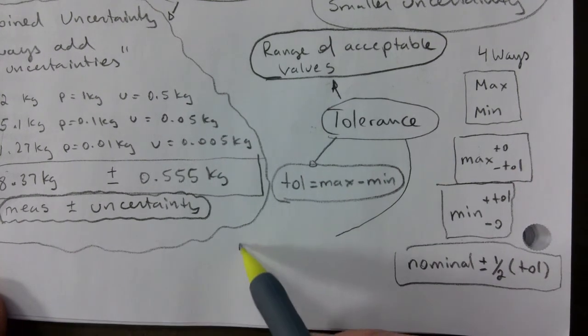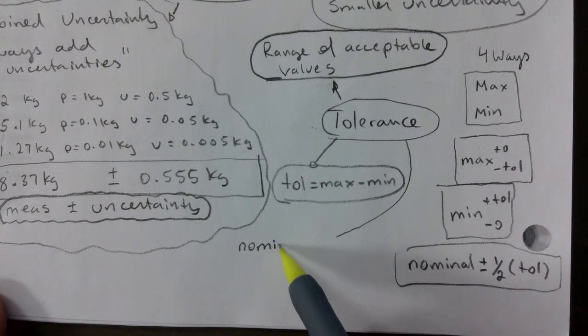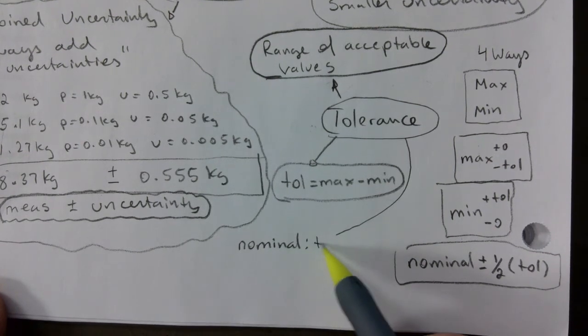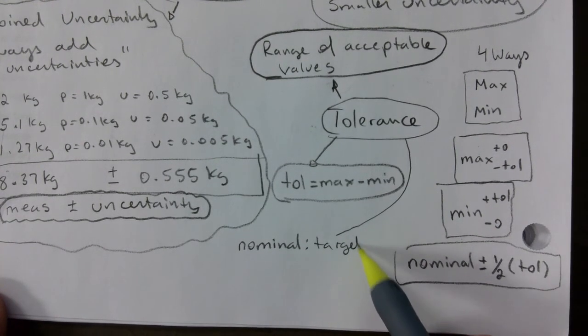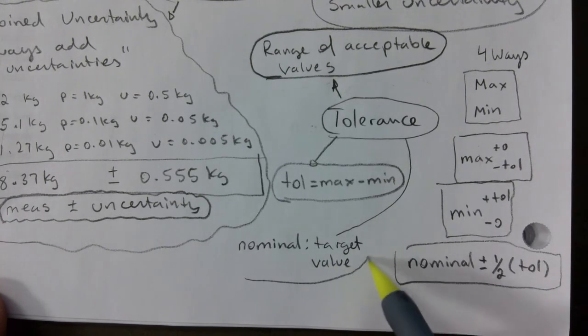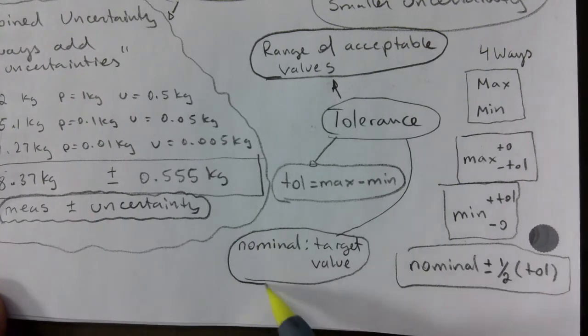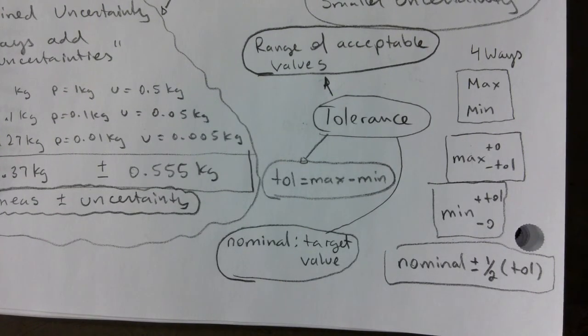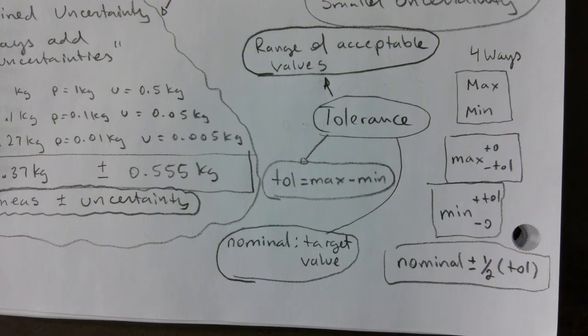I'll just say that nominal is our target value, what we're aiming for. And obviously this isn't everything, but I think it does a pretty good job at summarizing everything we've done.